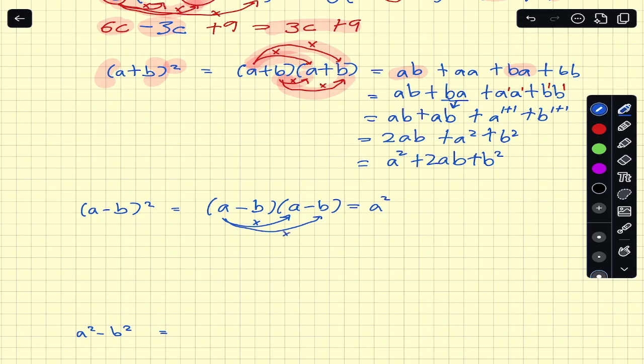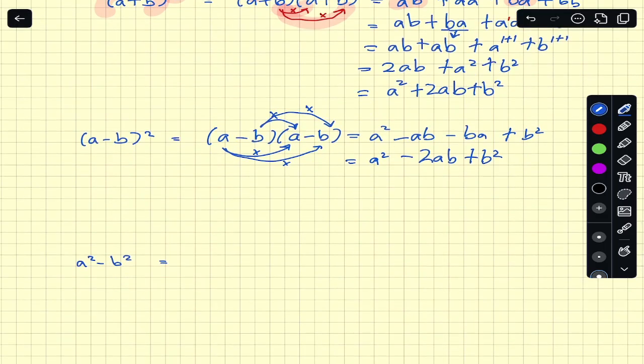It's a times minus b, which is minus ab. Next up, I'm going to do my other guys. Minus b times a, which is minus ba. And then minus b times minus b, which is positive b squared. If I collect like terms, I get a squared minus 2ab plus b squared.